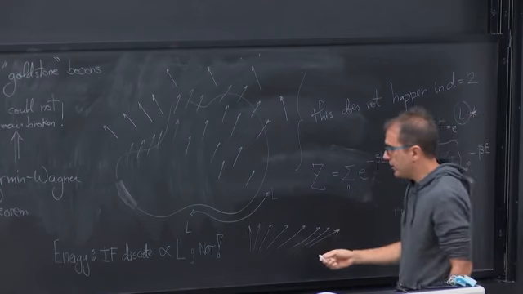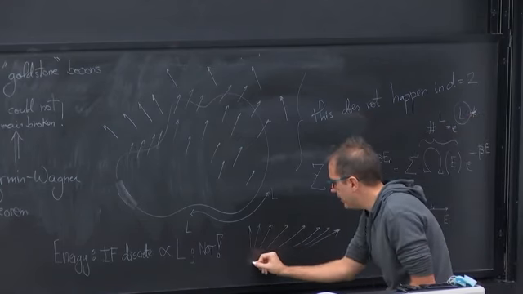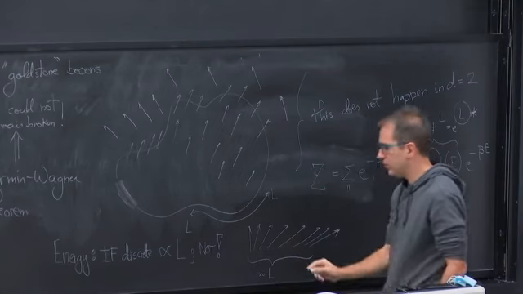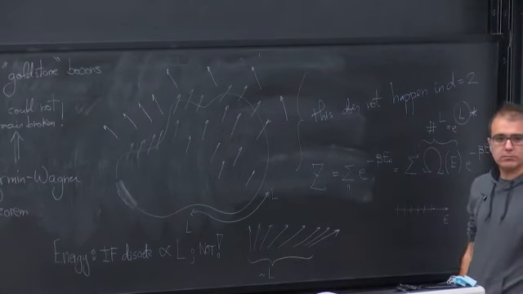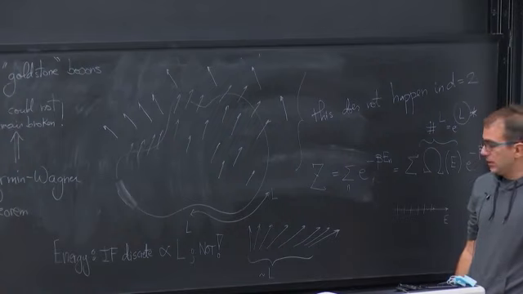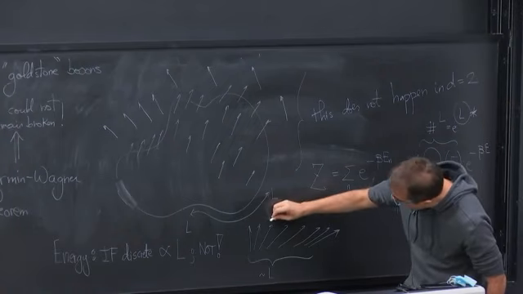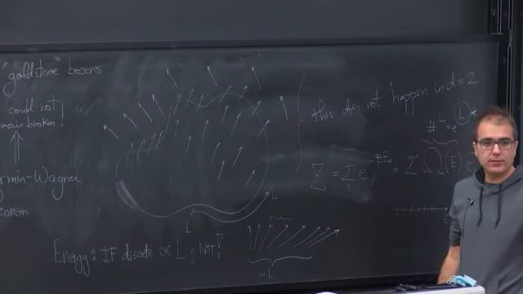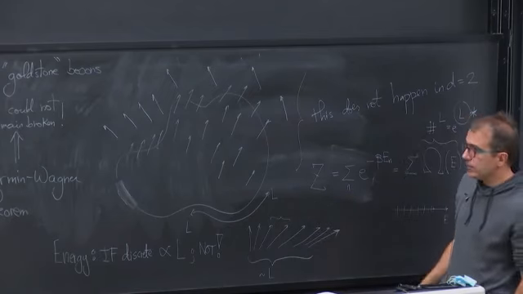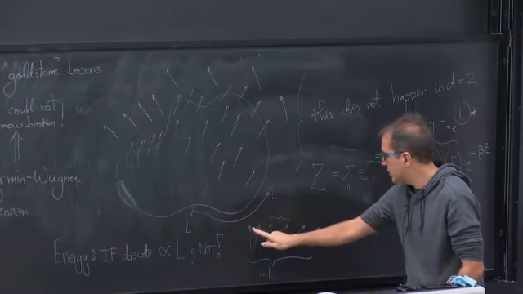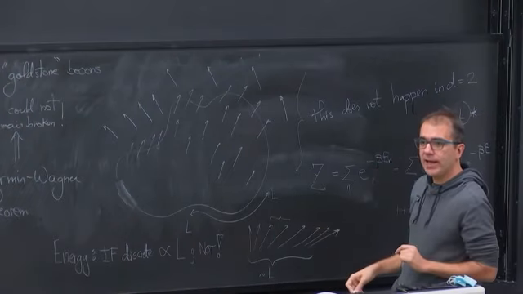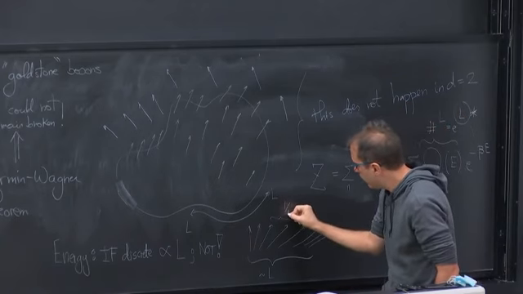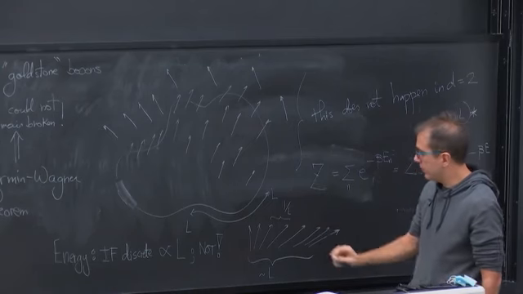And this band could be of order L as well. It could be some finite width. But the point is, how much energy does it cost to change the vector just a little bit here? You can easily see that del n squared, that derivative squared, only changes by 1 over L when you change the vector a little bit.